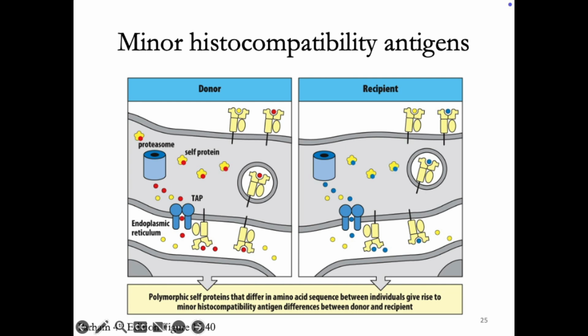Well, that means that when this gets presented on MHC, the red peptide is shown, and here the blue peptide is shown. And so just because we have these two genetically different individuals, we're going to see some minor histocompatibility mismatch. And so basically, unless you are transplanting from yourself, there's a minor histocompatibility mismatch. There is no other way to make there not be a minor histocompatibility mismatch. Twins?